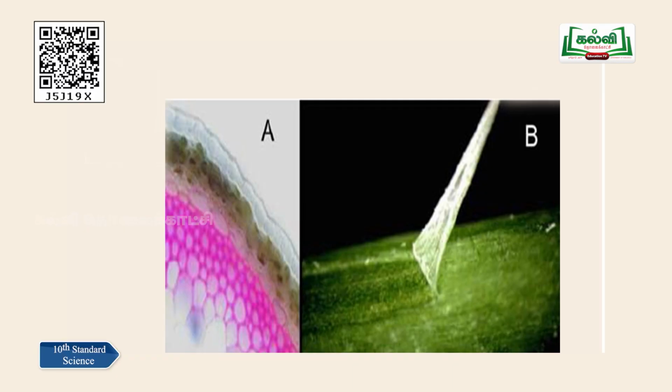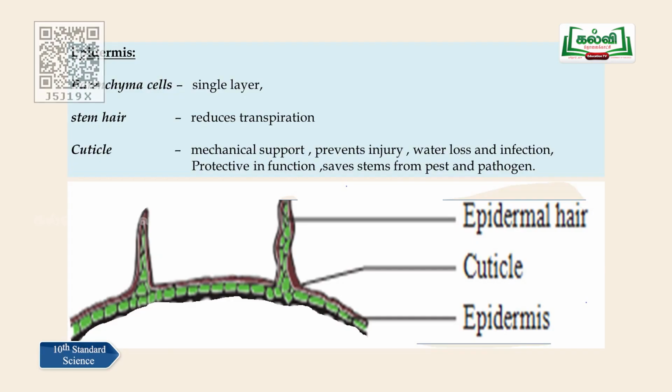Here you can see somebody peeling the epidermal layer from a stem. Are you able to see that? Now, this is the enlarged structure of an epidermal cell alone. It is made up of a single layer of parenchymatous cells, and it has so many epidermal hairs here and there on it.